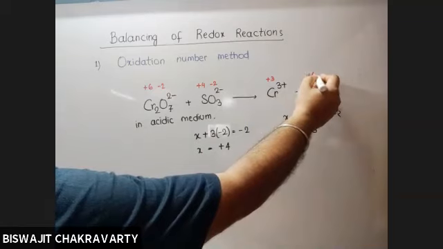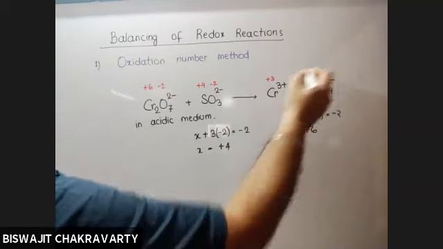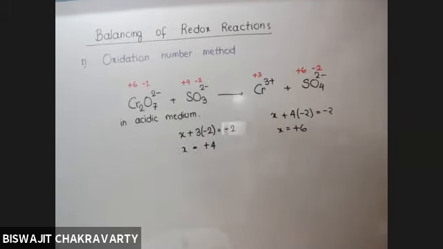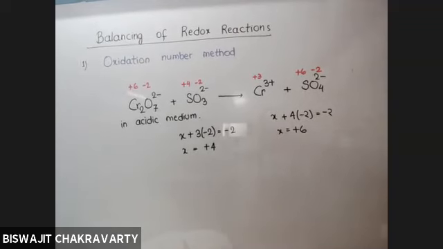So +6 and -2. Okay. Is the first step clear? What we have done is we have calculated the oxidation number of each and every one. Is it clear now? Am I audible? Yes, sir. Okay. So that is the first step.